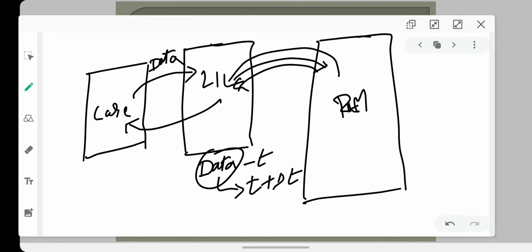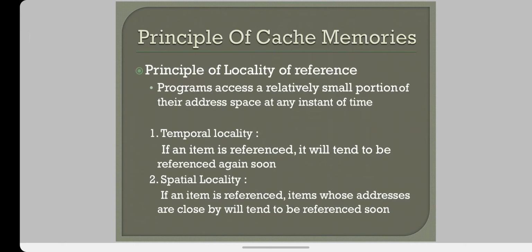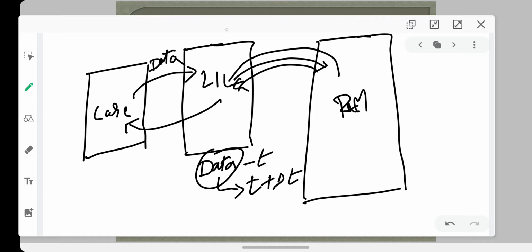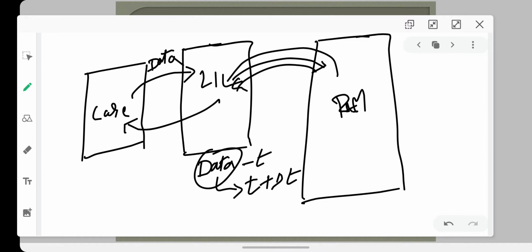What it means is, if an item is referenced, it will tend to be referenced again soon. So whatever data the L1 cache is getting, that particular data will be referenced again soon, the second time or third time, however many times it may be, in the future.